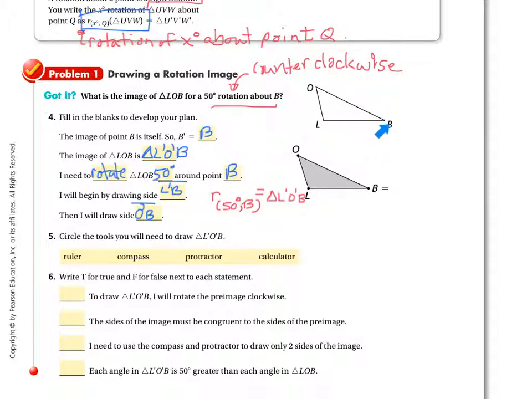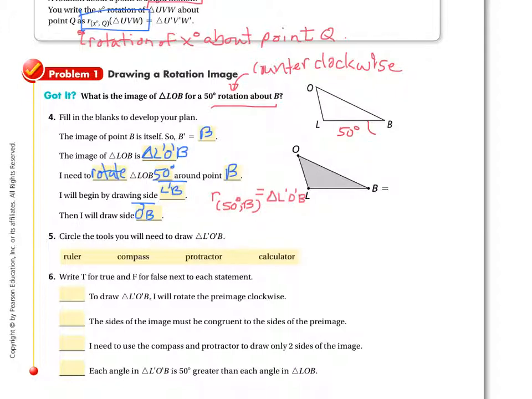Then you're going to take point B and put it at the center of your protractor, and you're going to measure a 50-degree angle from here to here. Sorry, what did I say, compass? Should be your protractor. My bad.